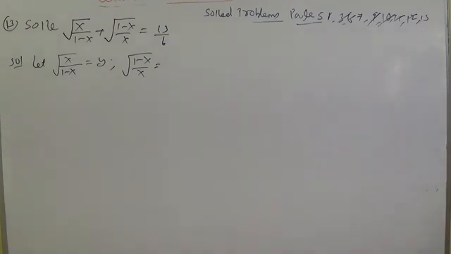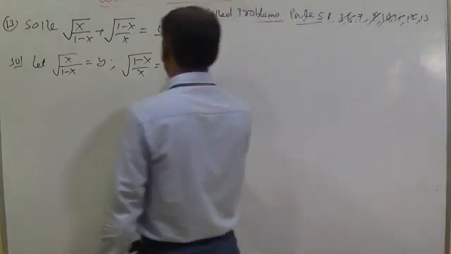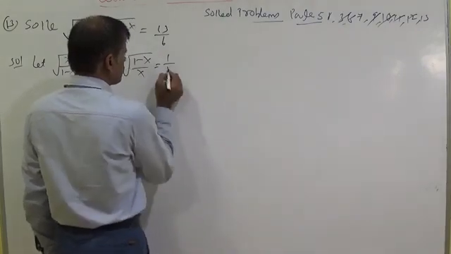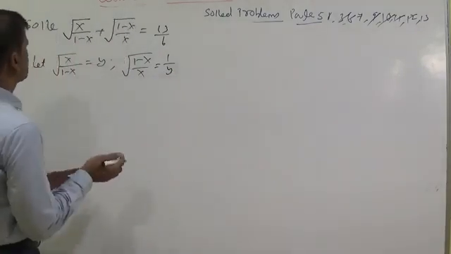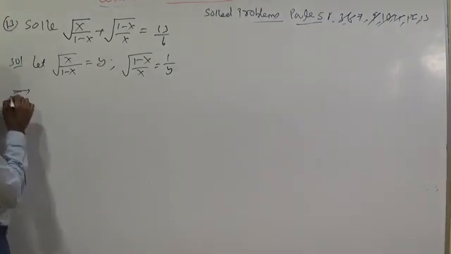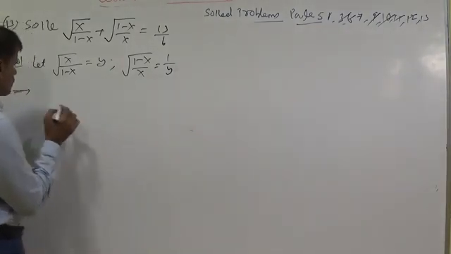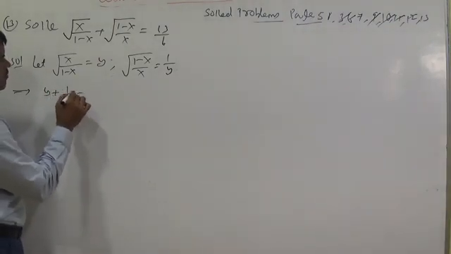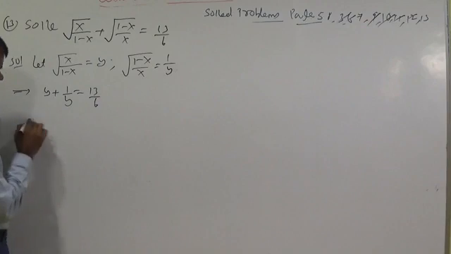So root of x by 1 minus x is y and root of 1 minus x by x is equal to 1 by y. This is the reciprocal equation. So we can substitute these reciprocal terms in the given equation. That implies we get y plus 1 by y is equal to 13 by 6.